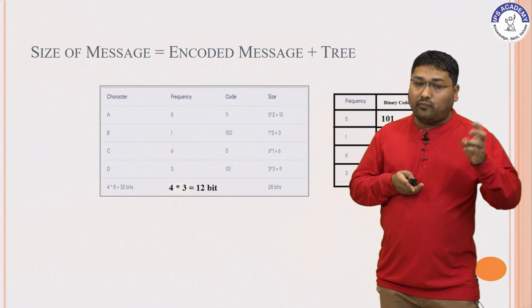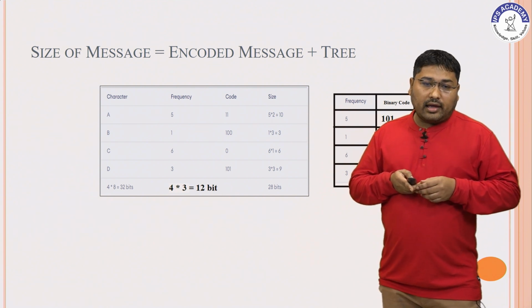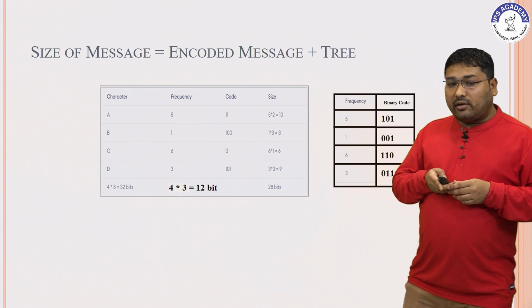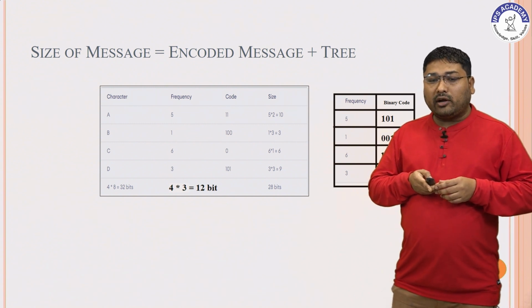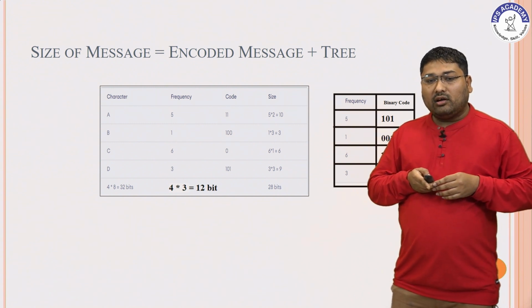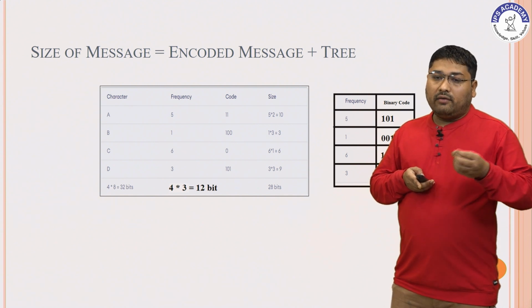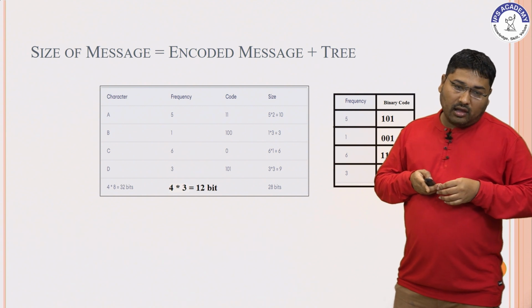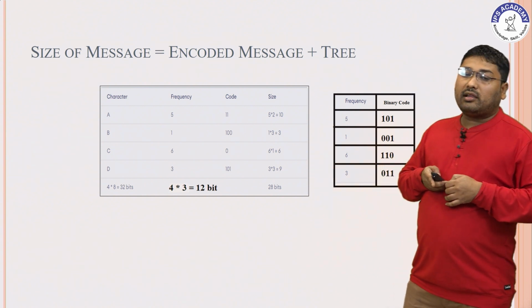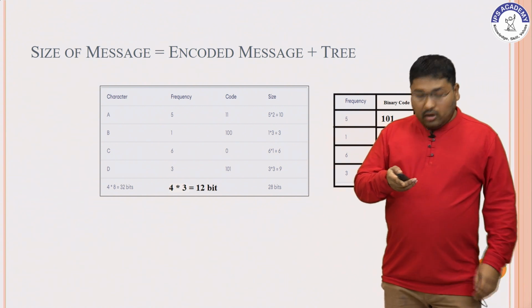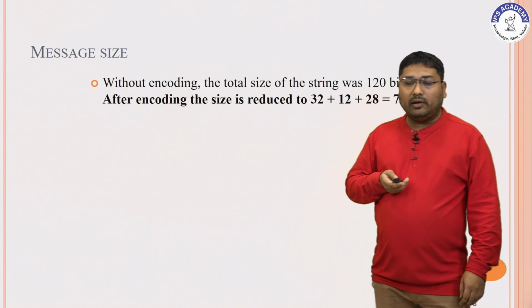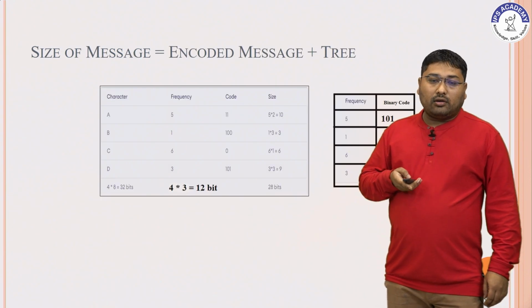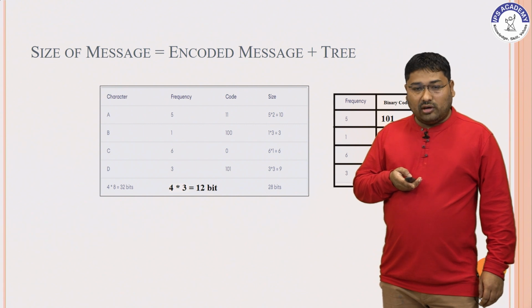It means 8 into 4 equal to 32 bits for characters, and the corresponding frequencies take 4 into 3, because the numbers are 1, 6, 3 and 5, for which we used only 3-bit encoding. So a total of 12 bits are transferred. So the size of the message is 32 bits plus 12 bits plus 28 bits.